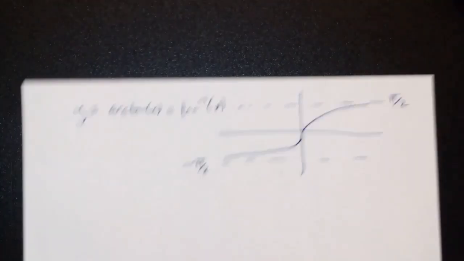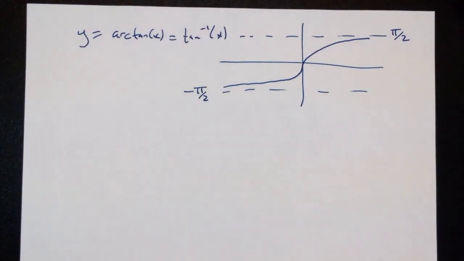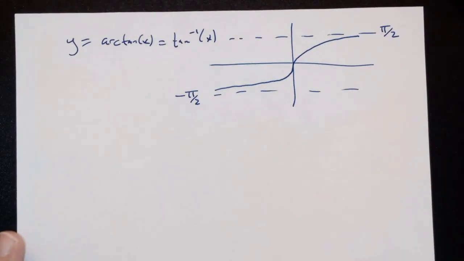It has a horizontal asymptote on the right at y equals pi over 2, and a horizontal asymptote on the left at y equals minus pi over 2.